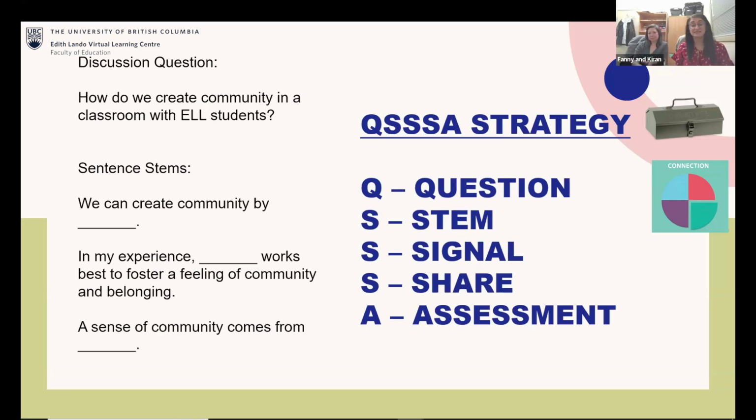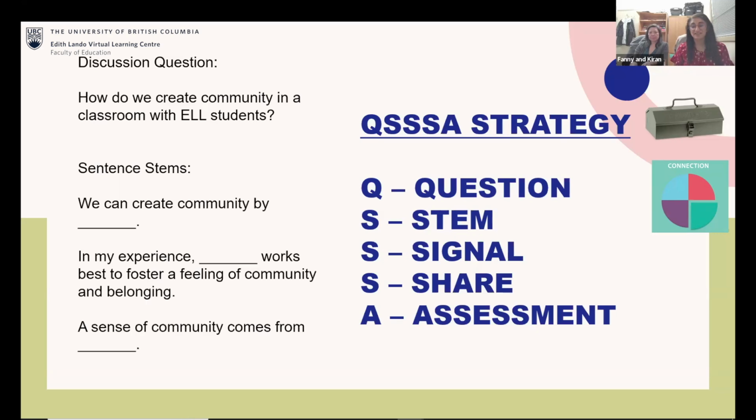So find someone that has a similar pair of shoes that you do, pair up, and then share your responses with one another. At this point, as teachers, we could either randomly call upon groups to share their answers because they've had time to practice their talking, their pronunciation, and their fluency with a partner, or perhaps we might choose to just wander through the classroom space and listen in on conversations, and that can suffice as our assessment.